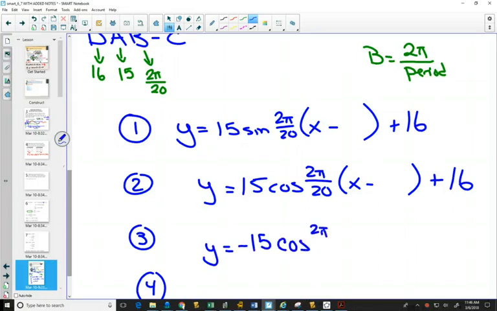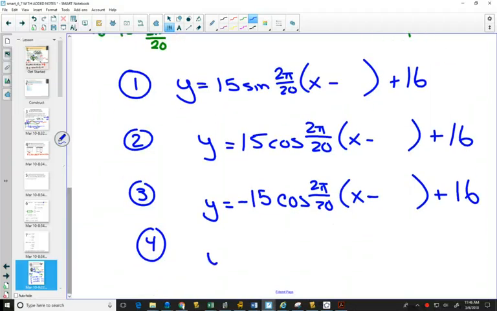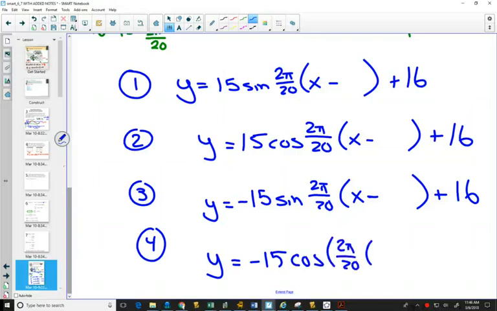My B value will still be 2 pi over 20, and my D value will be 16. And for my negative cos graph, my A value will be 15, my B value will be 2 pi over 20. I haven't written in my C value yet, but my D value will be plus 16.